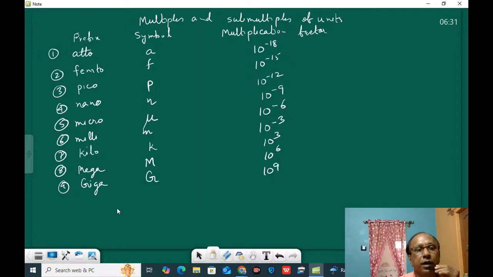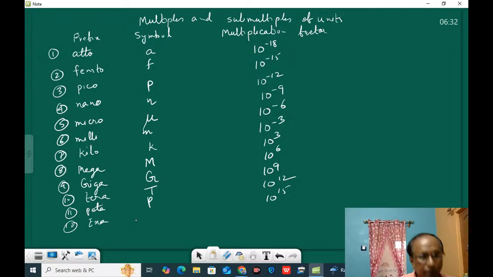The next one, after giga, is tera, capital T, and it is 10 to the power 12. And number 11 is peta, capital P, and it is 10 to the power 15. The last one is exa, represented by capital E, and it is 10 to the power 18.